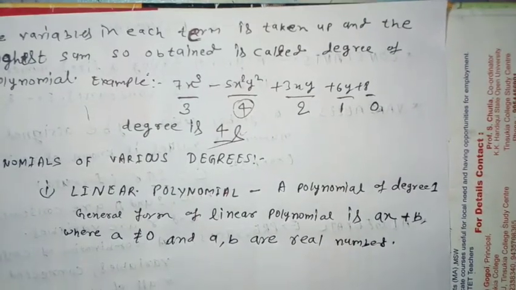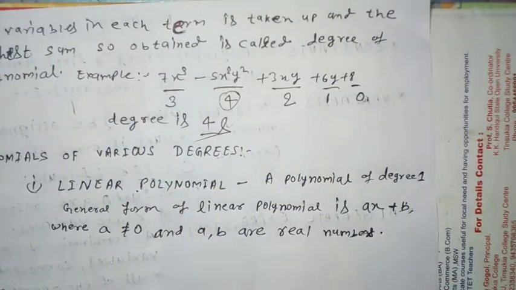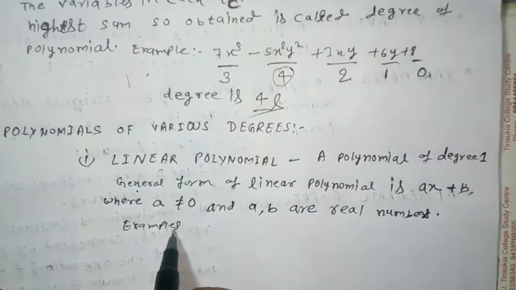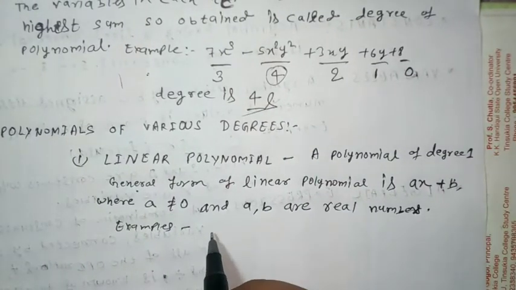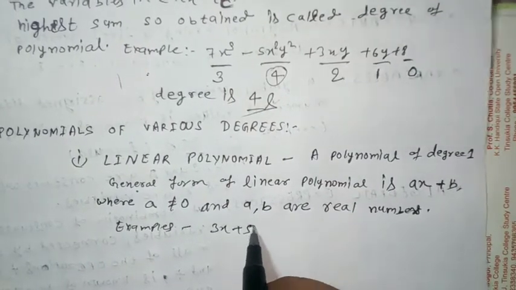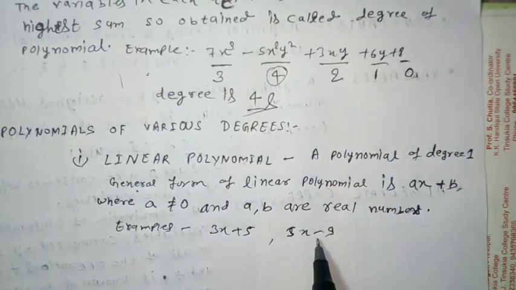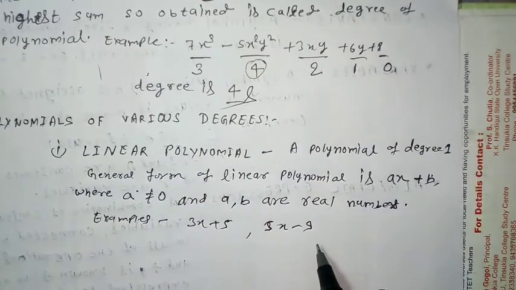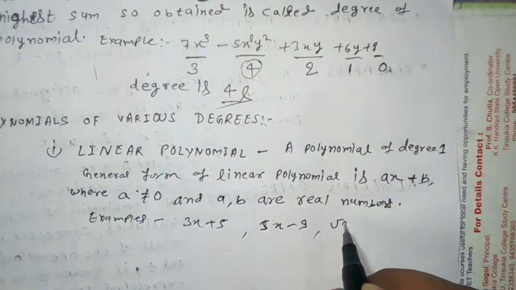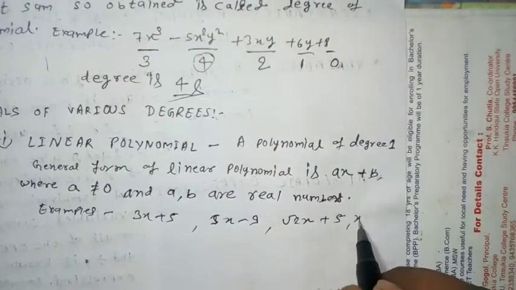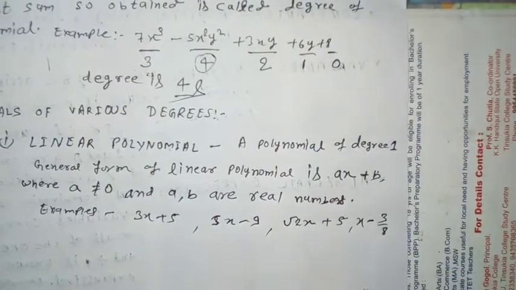Okay, for example, 3x plus 5, 5x minus 9, root 2 x plus 5, x minus 3 by 8, etc.